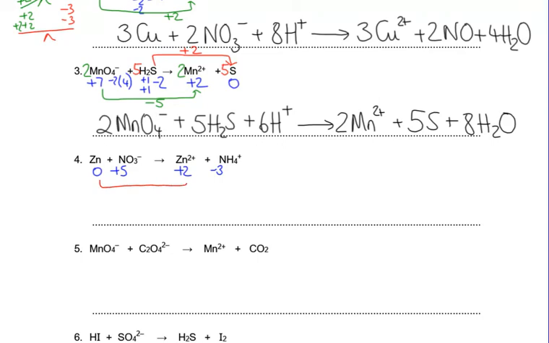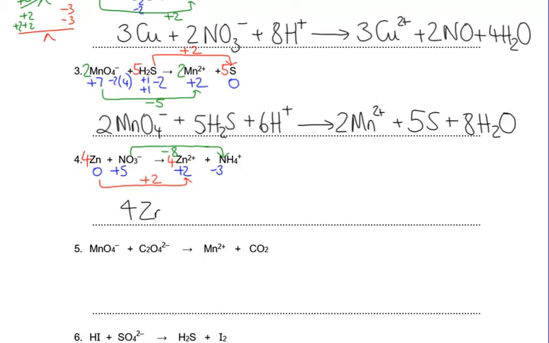So 0, adding 2, 5, take away. Not take away 2, because it's not +3, is it? Don't fall into that trap. It's take away, we're going from +5 to -3. That is -8. So in order to make these balance, we're going to need +8.